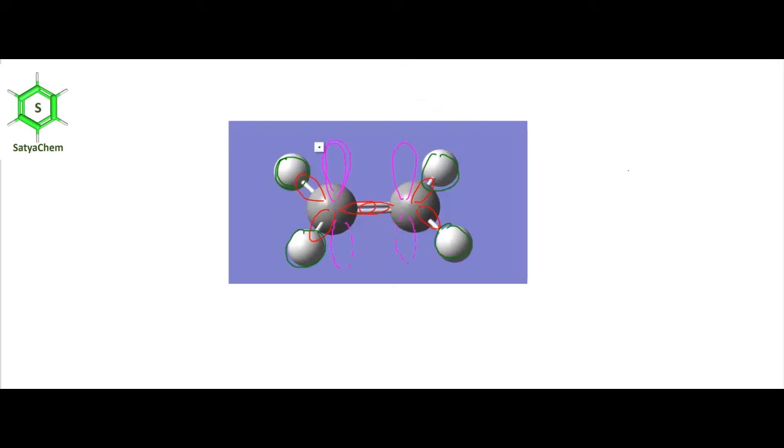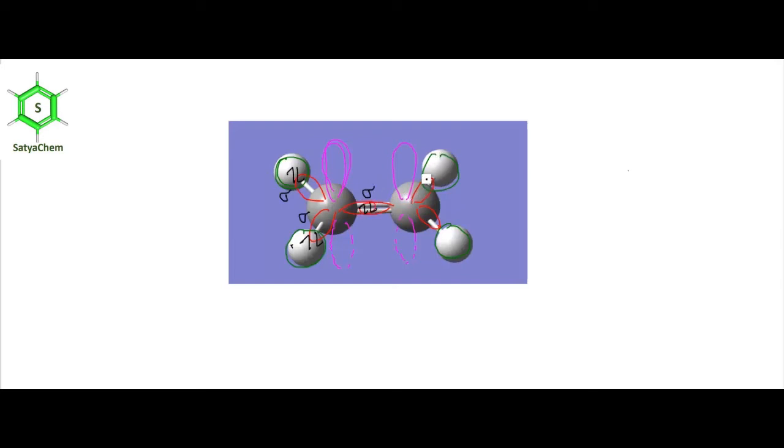So here this is a sigma bond between the 1s of hydrogen and one of the sp2 orbitals of carbon. There is also one sigma bond, the sp2-sp2 sigma bond, where the sp2 of one carbon atom and the sp2 of another carbon atom form the sigma bond.